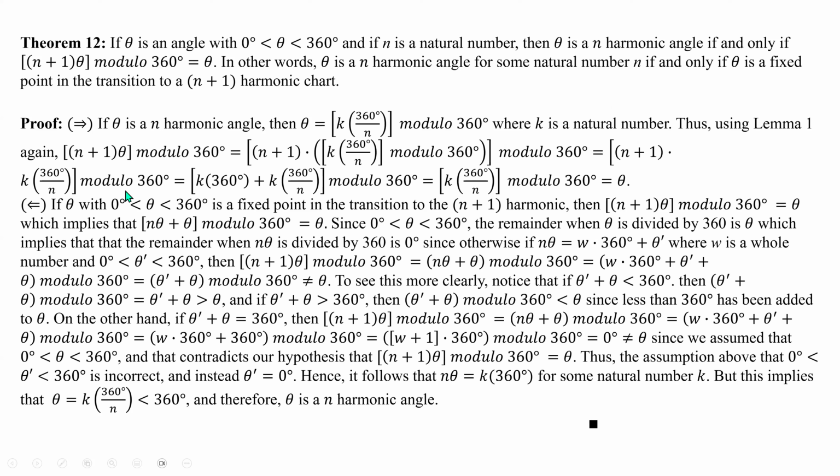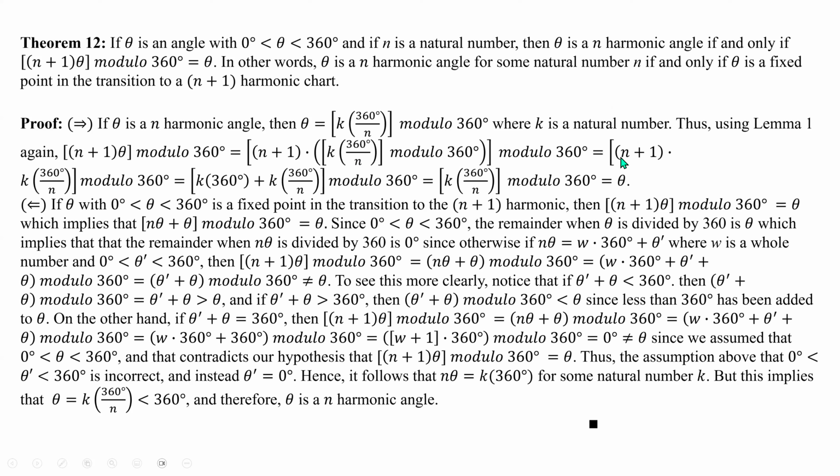Thus, using Lemma 1 again, (n plus 1) times theta, whole thing modulo 360 degrees, is going to be equal to (n plus 1) times (k times 360 degrees over n modulo 360 degrees), and then that whole thing modulo 360 degrees.